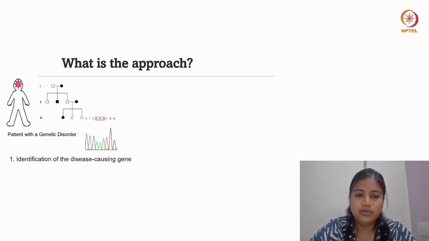The patient is evaluated for his or her symptoms, and then often a family pedigree is constructed to figure out the pattern of inheritance, whether it follows an autosomal dominant, autosomal recessive, or an X-linked or Y-linked inheritance pattern.